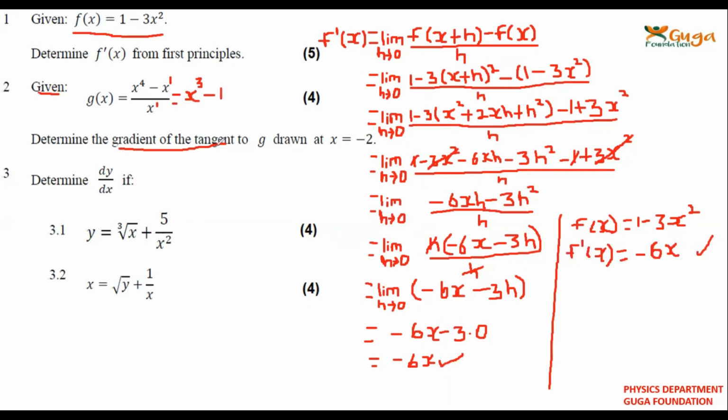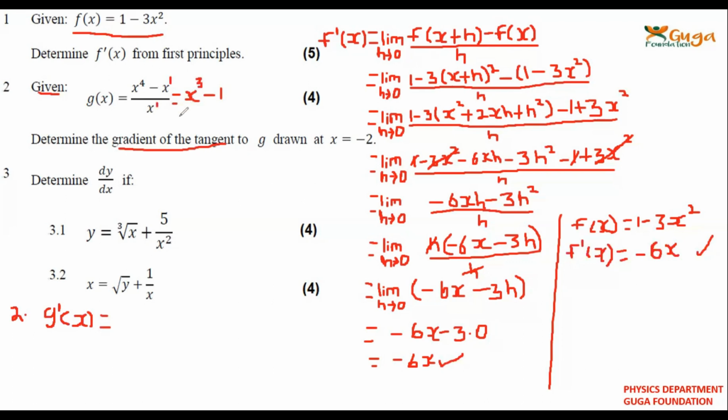Now on number 2, we should determine the gradient of this one. So for us to get g prime of x, we differentiate this.